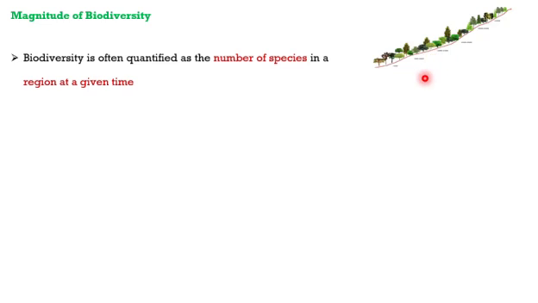For example, you go and measure the biodiversity in 2016, or particularly in 2016 during monsoon or summer. You measure the number of species and its distribution, how each different species is distributed in numbers. That is how we usually quantify or calculate the biodiversity at a specific time in a given area.